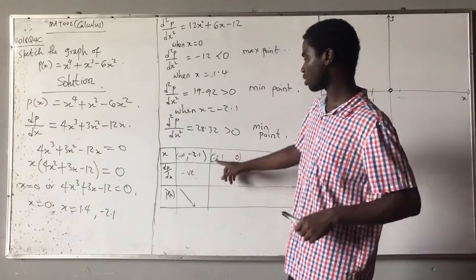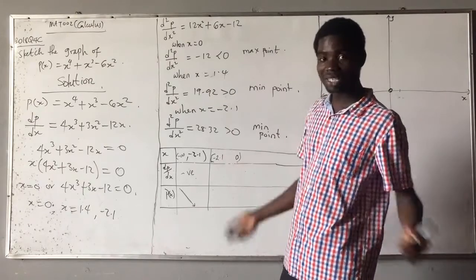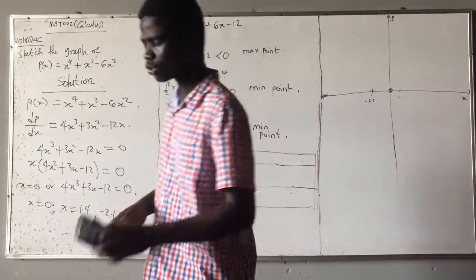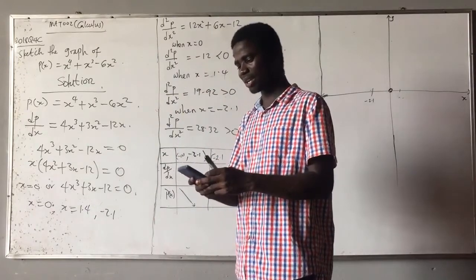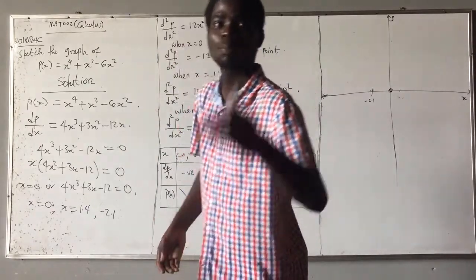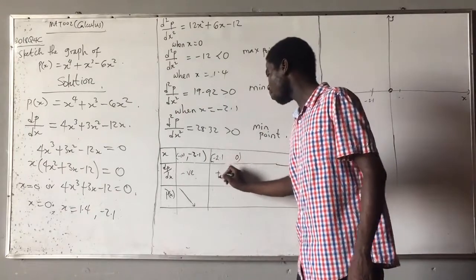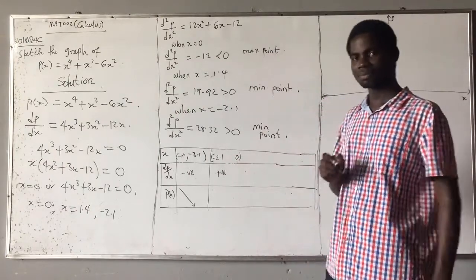Minus 1 is between minus 2.1 and 0. Put minus 1 inside the PDS and calculate. The answer is 11. That's a positive number. So between minus 2.1 and 0, you have a positive answer.